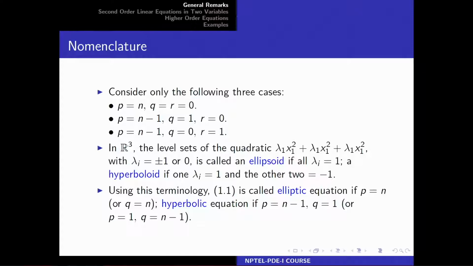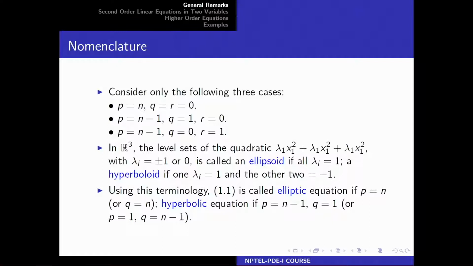a change of sign. So, we call it an elliptic equation, and when the coefficient matrix A has n minus 1 positive eigenvalues and 1 negative eigenvalue, or equivalently 1 positive eigenvalue and n minus 1 negative eigenvalues, we call it a hyperbolic equation.